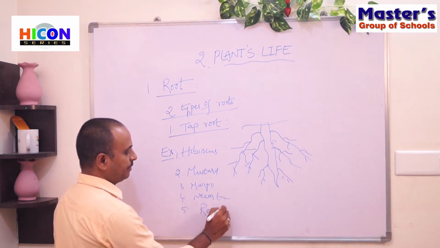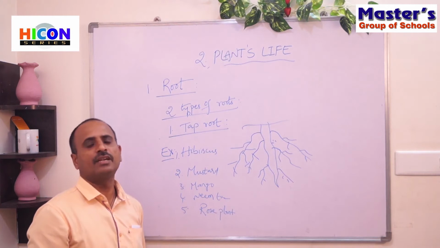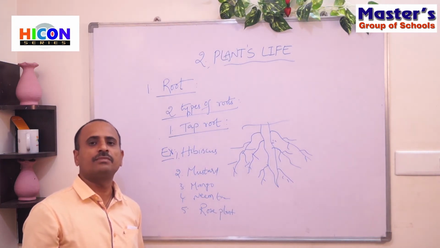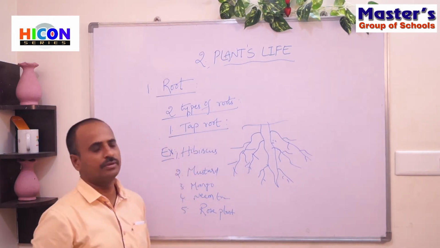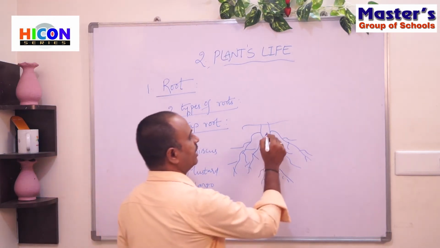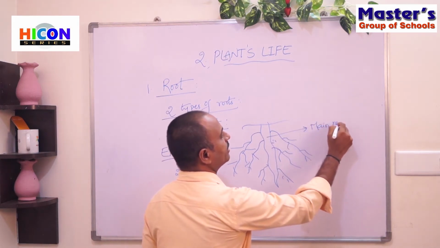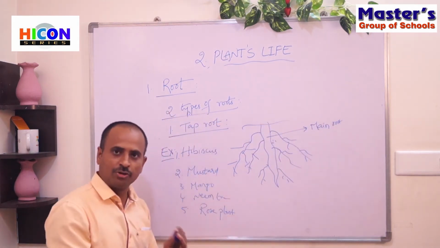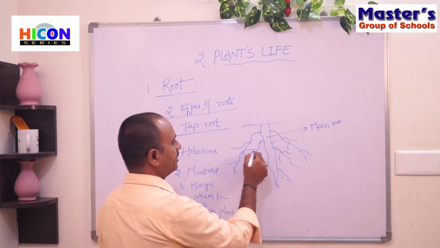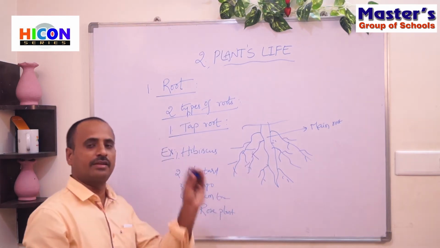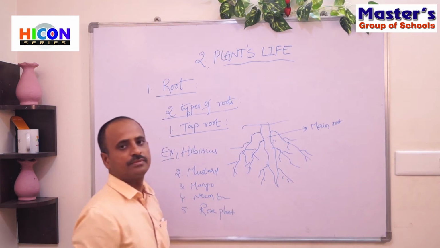Most of the fruit plants and some vegetable plants contain taproot. In taproot there will be a main root in the middle, and some thin roots will grow from the main root, looking like the branches above the tree. This type of root is called taproot.